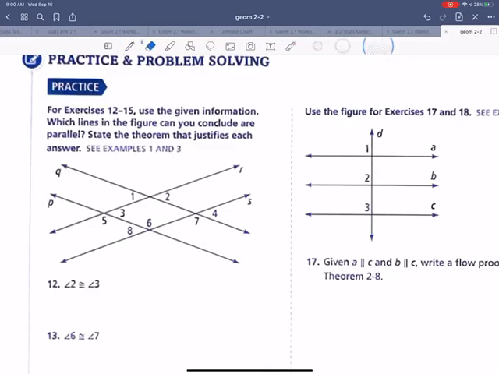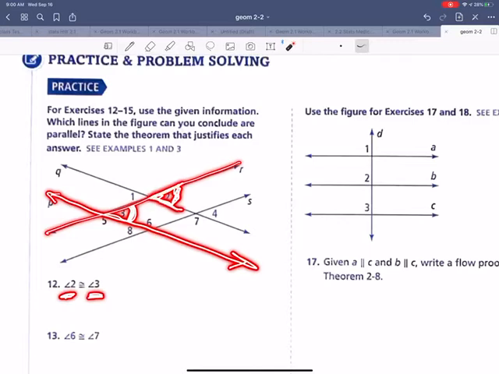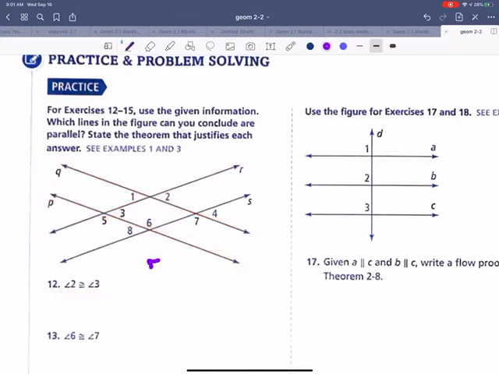So let's take a look. Number 12 states angle 2, what if they told us angle 2 is congruent to angle 3? Then that would lock that into place. So I'm just going to trace both sides of angle 2, this one, and both sides of angle 3, this one and this one. I could also redraw it over here. Angle 2, trace both sides. And angle 3, trace both sides.